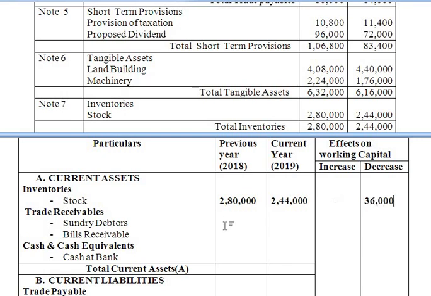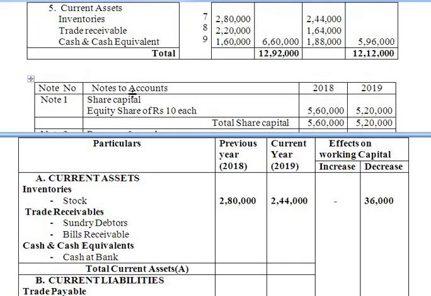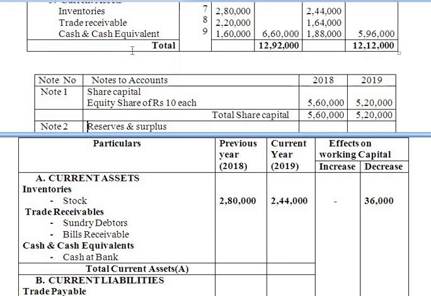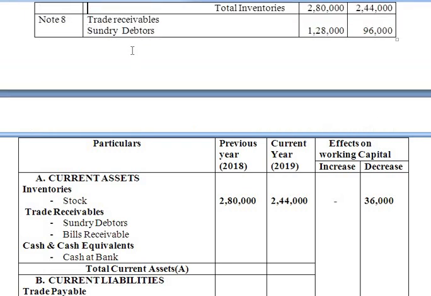Understood? In inventories we have only one item. Now we need to check the next current asset. Next one is trade receivables, and the details of trade receivables we can find in note number 8. In trade receivables we have two items. First one is sundry debtors.